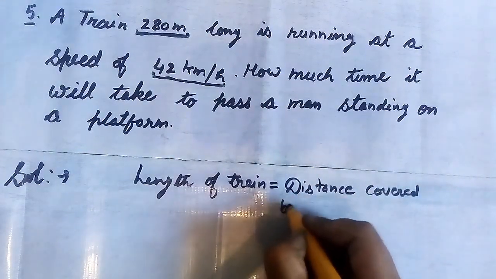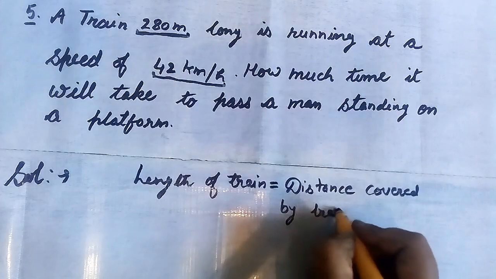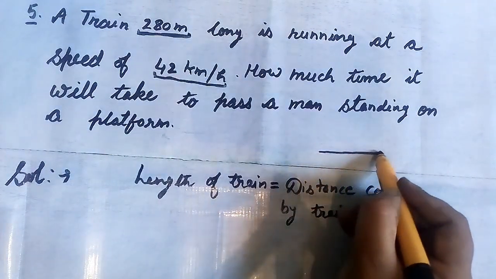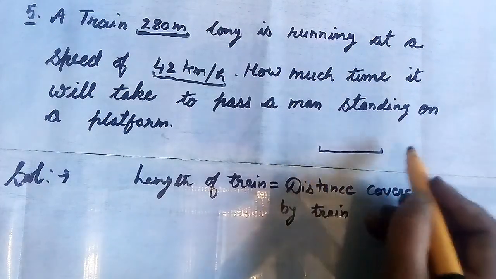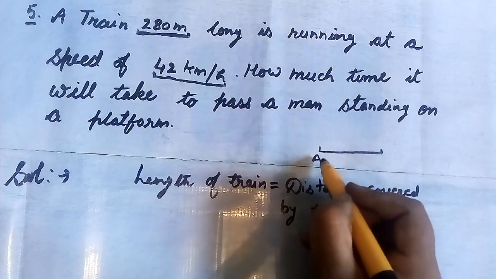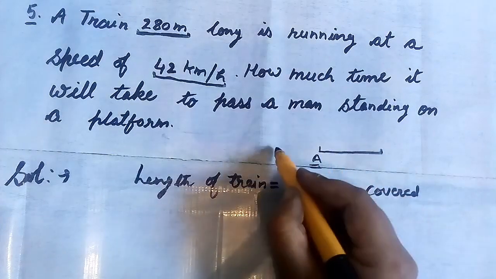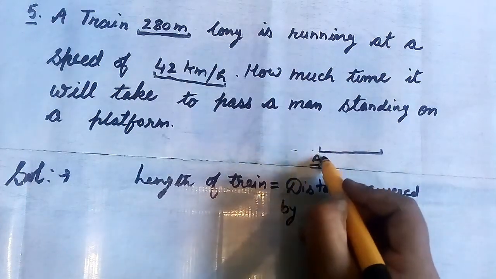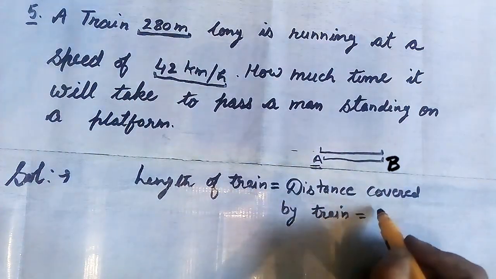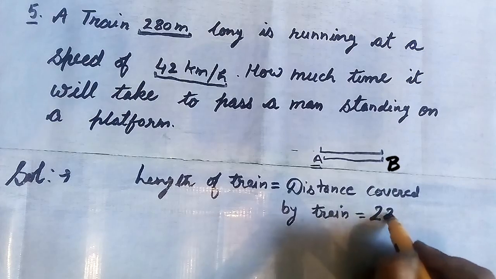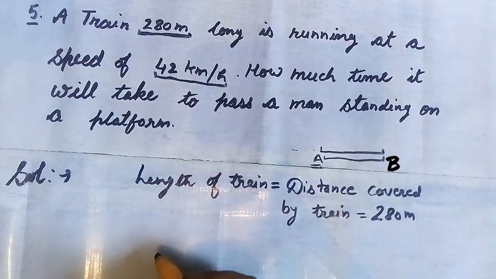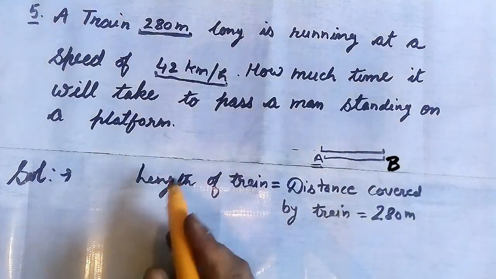Remember, distance covered by the train will be equal to the length of the moving object. For example, if the train has to pass point A, then until its end crosses point A, the front will reach B. So AB will be the distance covered by the train, which is 280 meter given in the question.